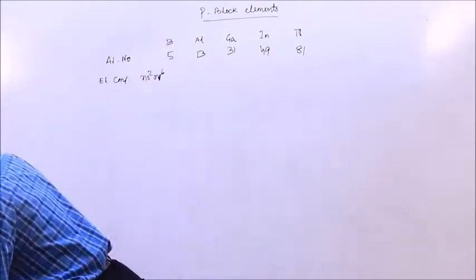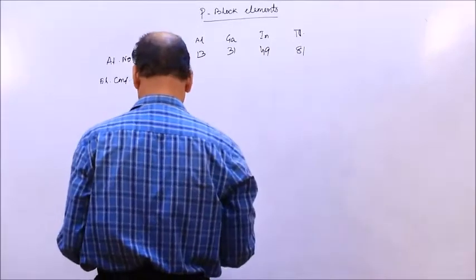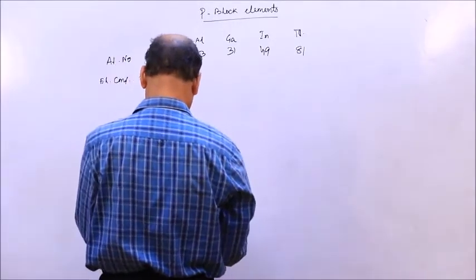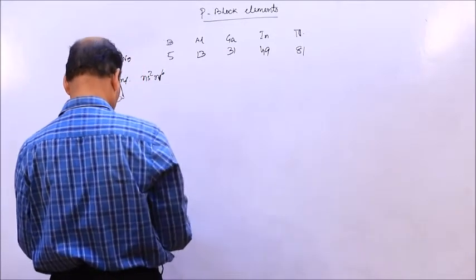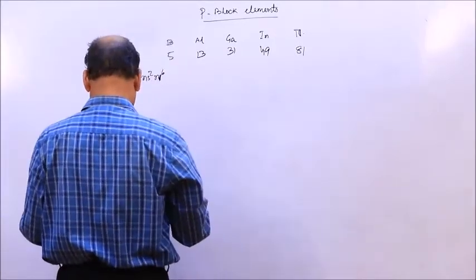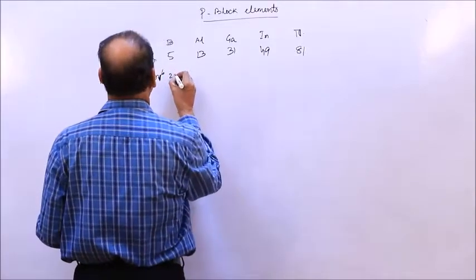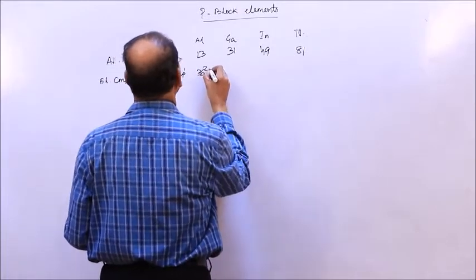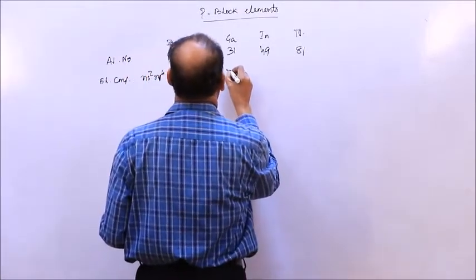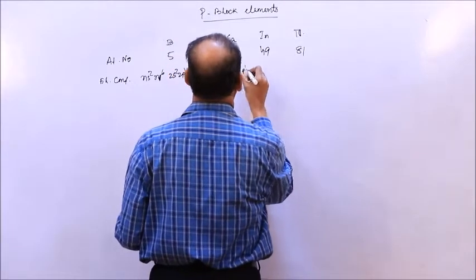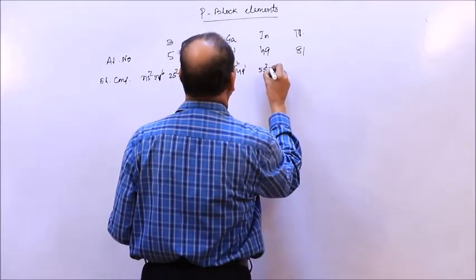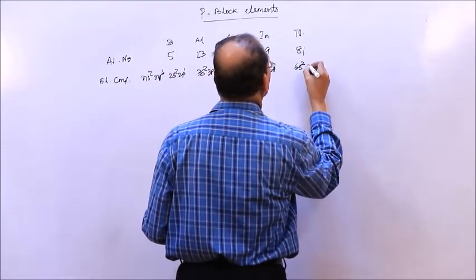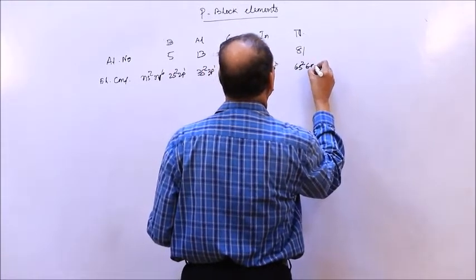In that case we will obtain 2s2 2p1, 3s2 3p1, 4s2 4p1, 5s2 5p1, 6s2 6p1.